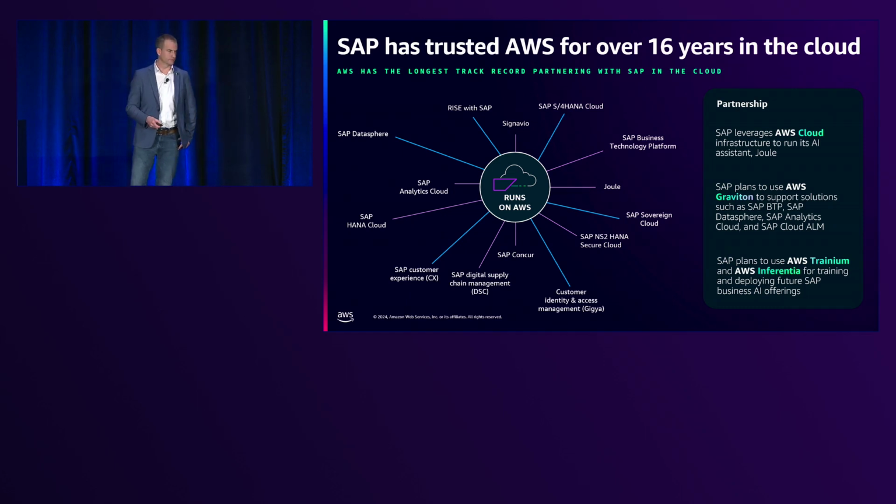This was announced during re:Invent this week, running on, more specifically, the AWS Marketplace, and Joule, SAP's AI system, which is integrated with AWS Bedrock. We've also announced that we will use AWS Graviton for numerous offerings, such as BTP, DataSphere, Analytics Cloud, and Cloud ALM.